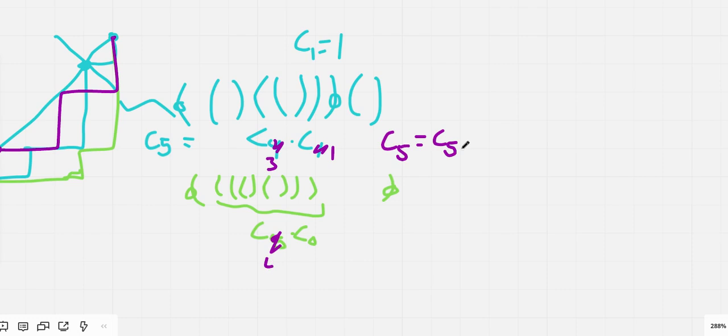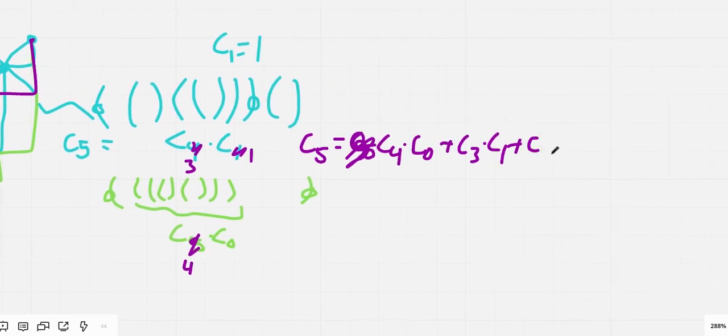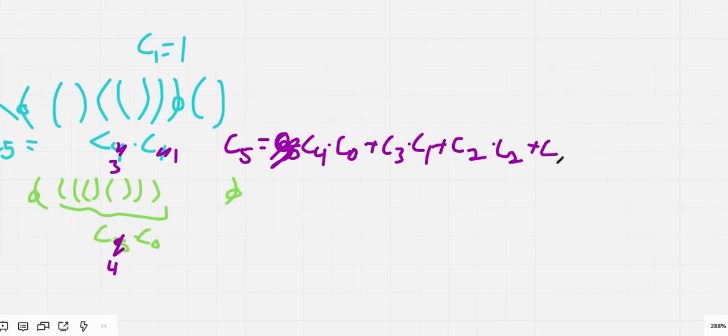So we get that C5 is equal to C4 times C0 plus C3 times C1 plus C2 times C2 plus C1 times C3 plus C0 times C4.